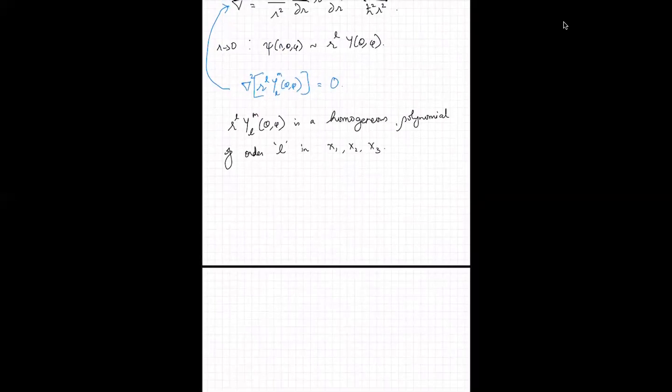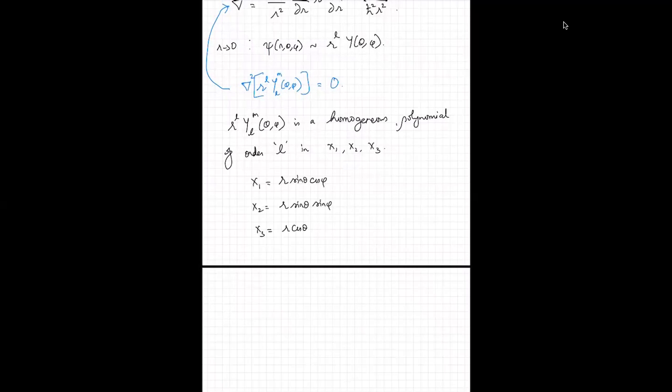Now, instead of using x1, x2, x3, I'm going to do a slight change of coordinates, so we can simply guess the form of these Y's. Indulge me for 1 second. So x1 is r sine theta cosine phi, x2 is r sine theta sine phi, and x3 is r cosine theta.